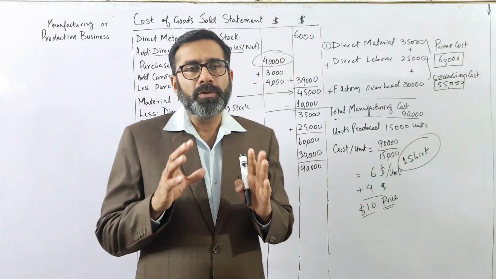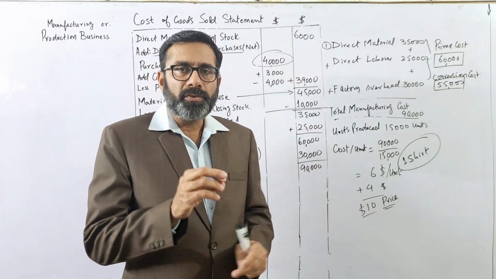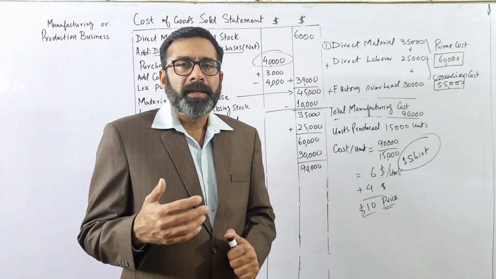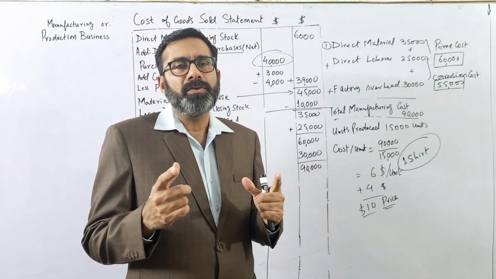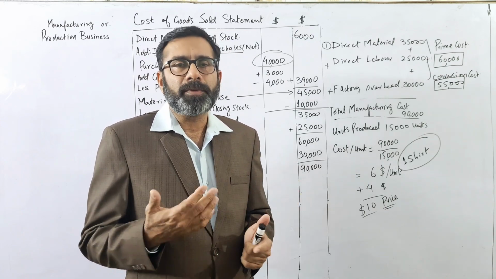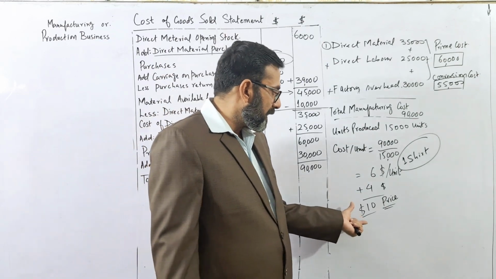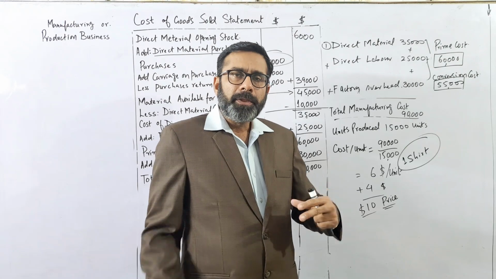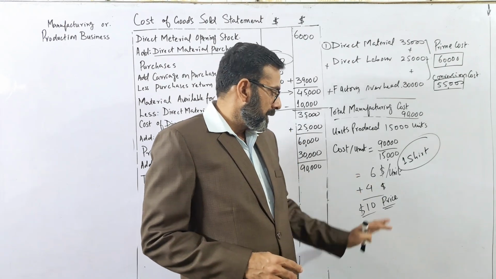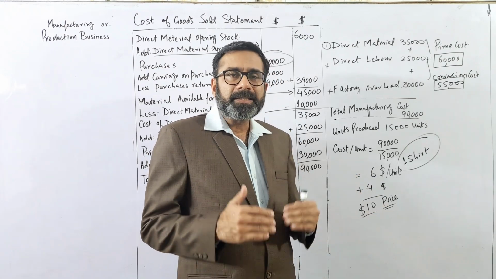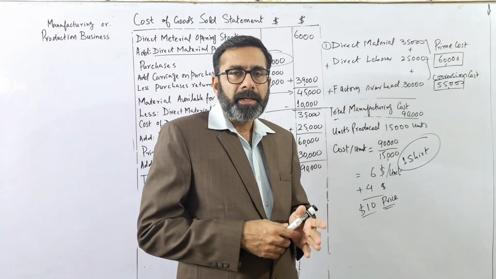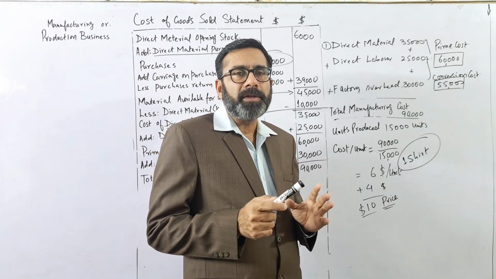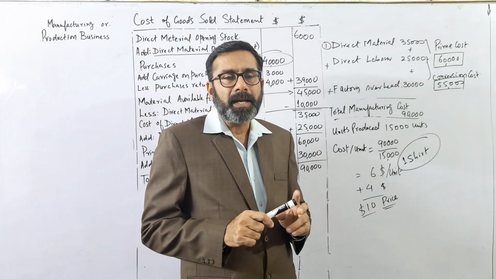Let's say they assume that they may have $2 or $3 as other expenses, so they want to get like $1 or $2 as a profit on that shirt, so they fix a price of this shirt as $10. The cost of the production is $6, so at $10 they are selling the shirt. It means they are getting a profit that is $4, but that is not a net profit.